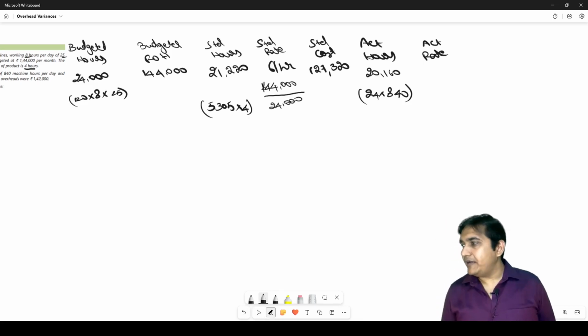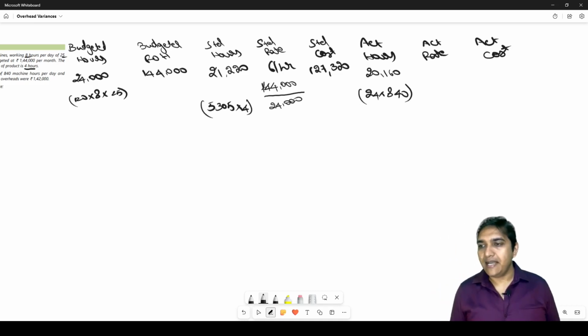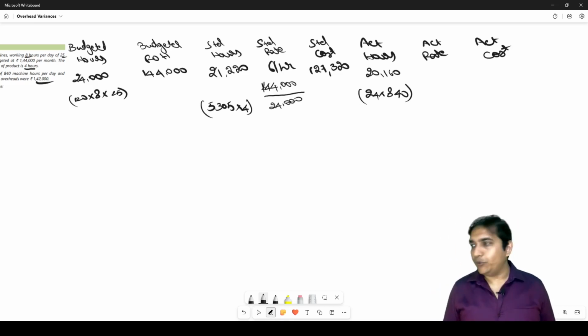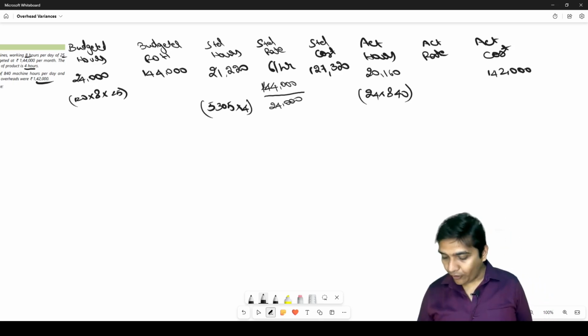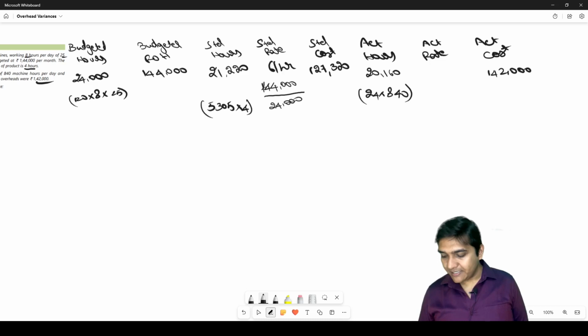So next we have to calculate our actual cost. What is the actual cost? The question clearly says the actual cost is 1,42,000. So now the actual rate will be 1,42,000, which is my actual cost, divided by the actual hours, which is 20,160.